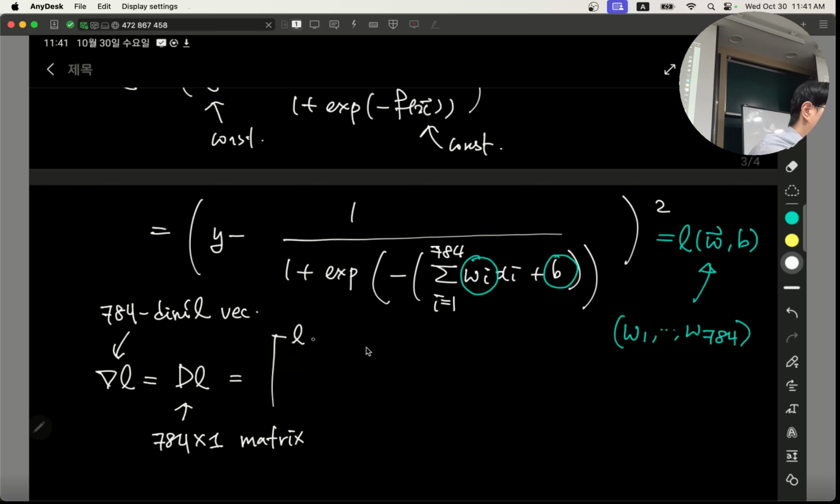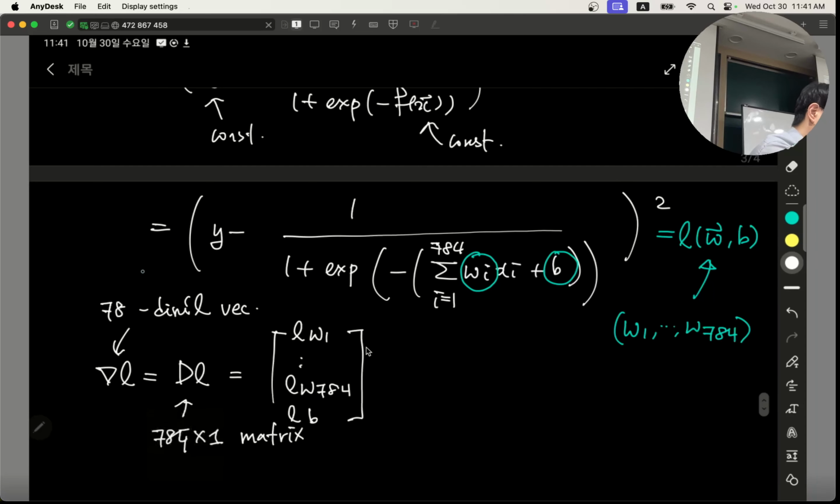So these are, let's say, the partial differential by W1, up to the partial differential by W784, and the partial differential by B. Well, actually, it's not 784, it's actually 785, right?